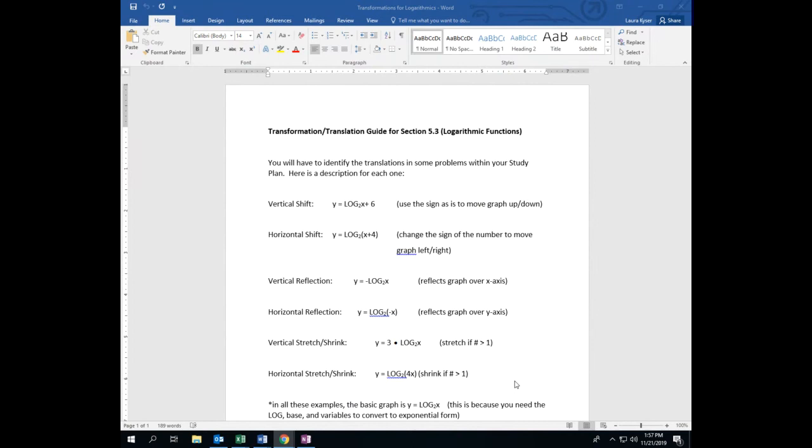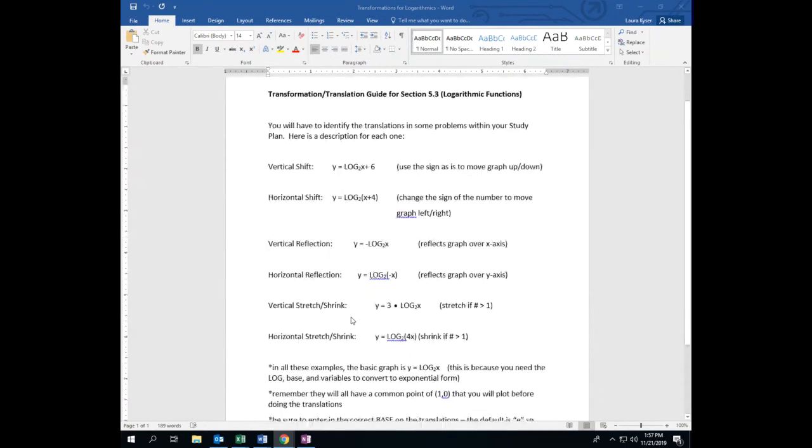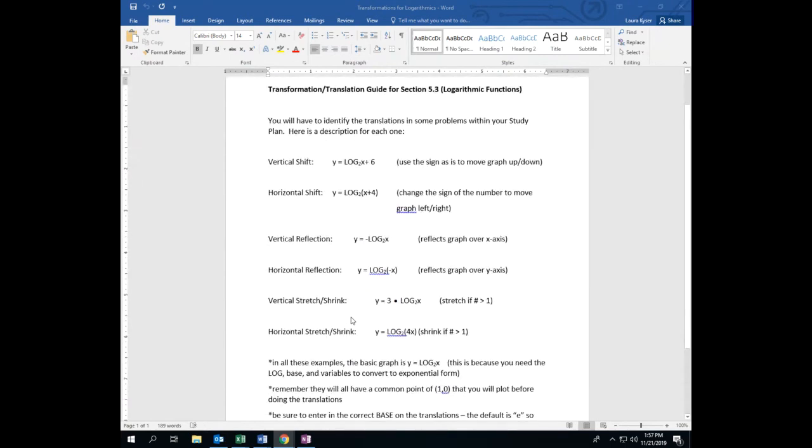When I do these translations, I'm going to do them using the transformation sheet, and that way you can follow along with the different translations and move this thing accordingly. They're very similar to the translations that we did in section 3.5, which was the whole section about translations.